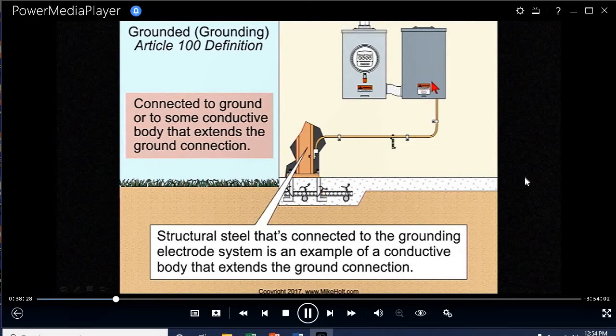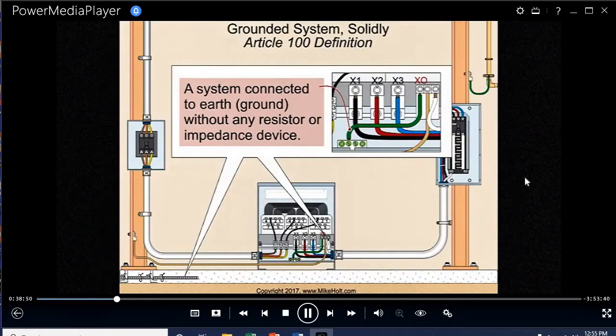So therefore, this enclosure is connected to ground, which is what? The earth, or to some conductive body, which is this conductor, connecting it to the steel, using the steel as a conductor, connecting it to the electrode, because it's the electrode that's in the earth, which is our ground connection. That takes care of what is grounded.